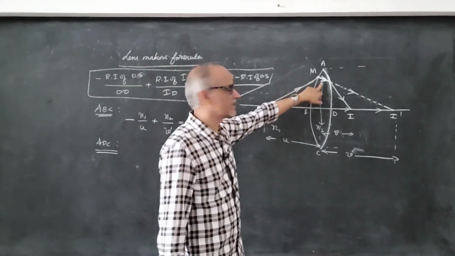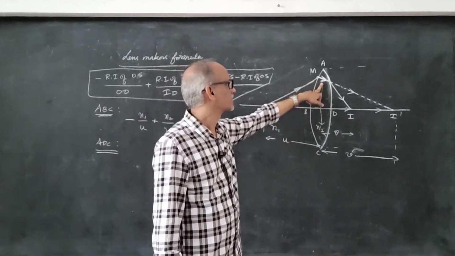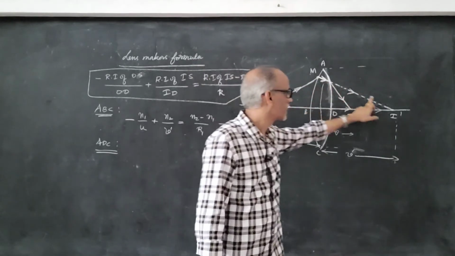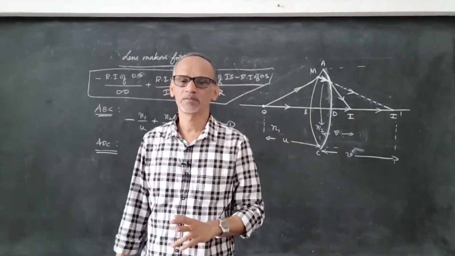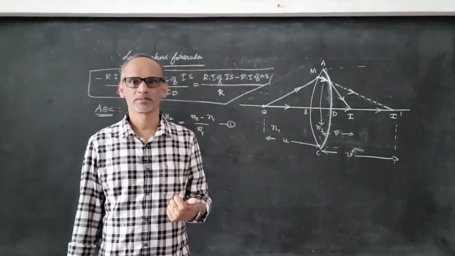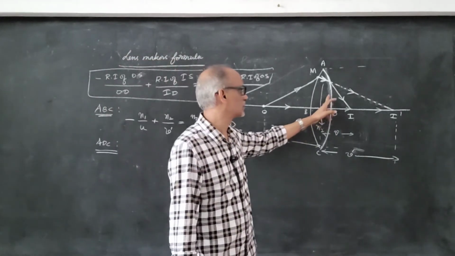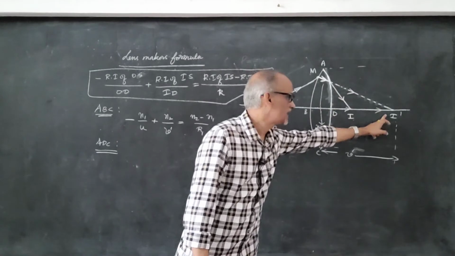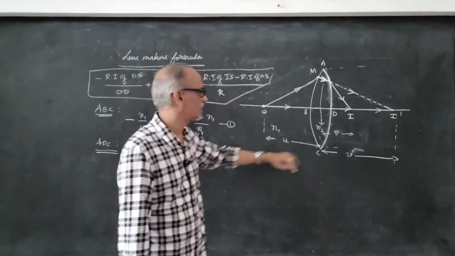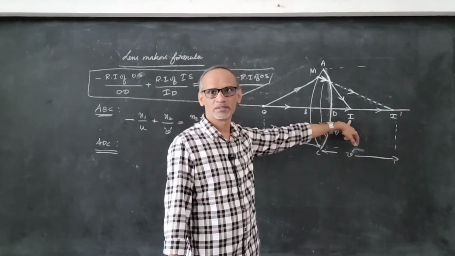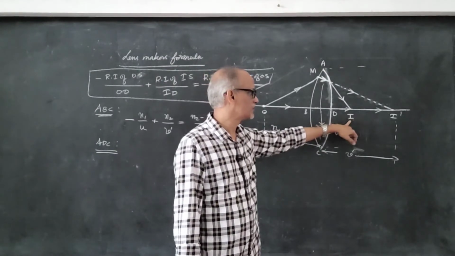Since this is the incident ray, for this incident ray, this I dash now acts as an object. What kind of object? Virtual object. For refraction through the second surface, I dash acts as object. What kind of object? Virtual object. And for that virtual object, we get the final image, which is I, that's a real image.